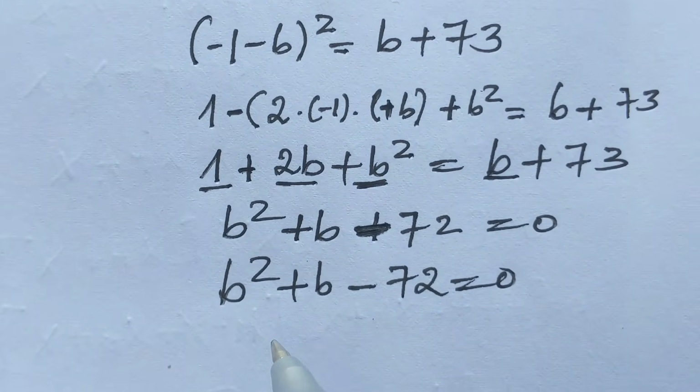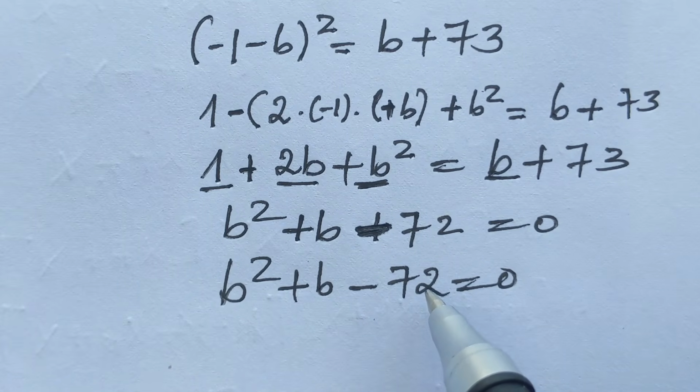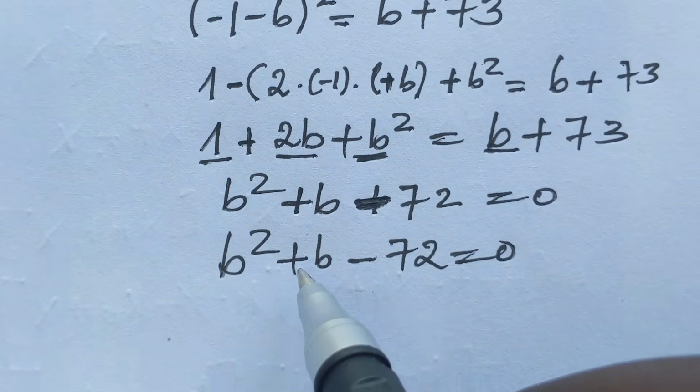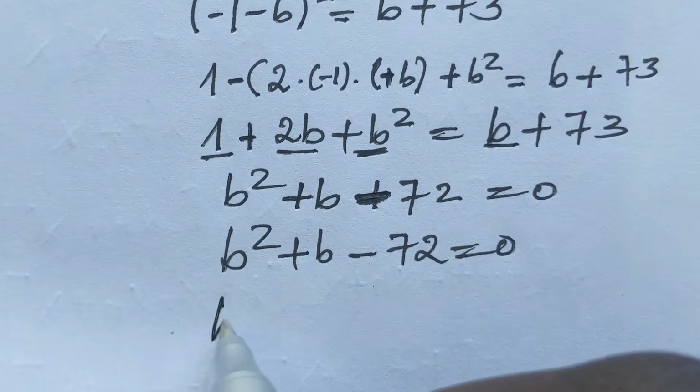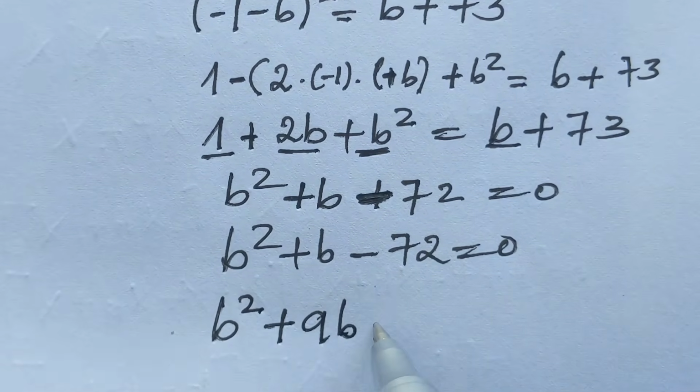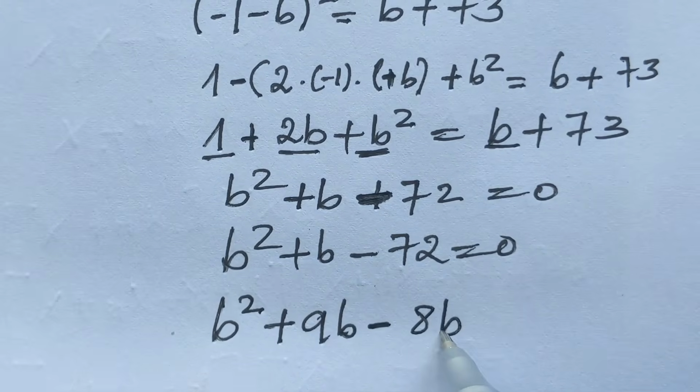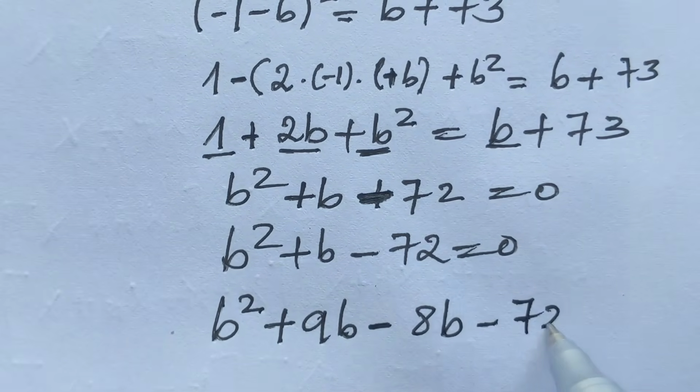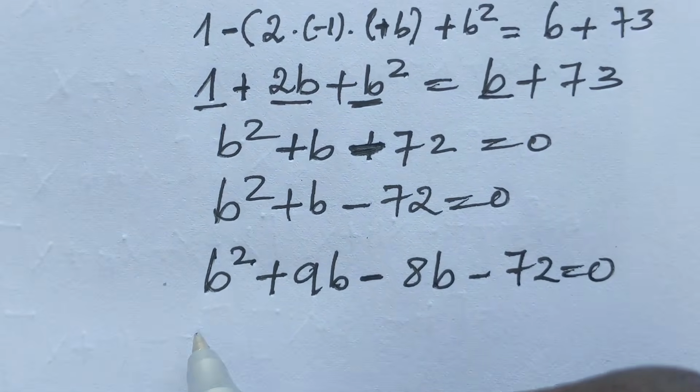We can use the product and sum rule, where we have to find two numbers that multiply to get negative 72, while we add them, we get positive 1. So we have b squared plus 9b minus 8b minus 72 equals 0.